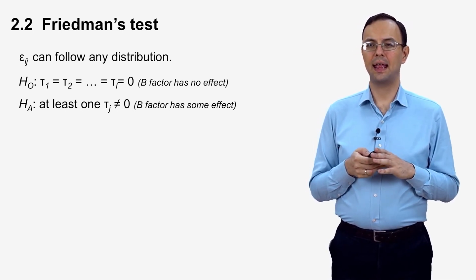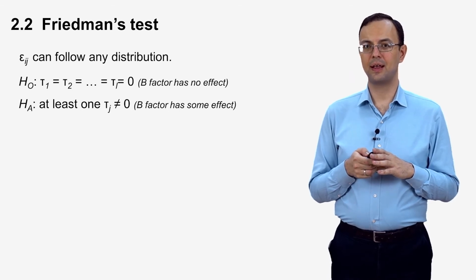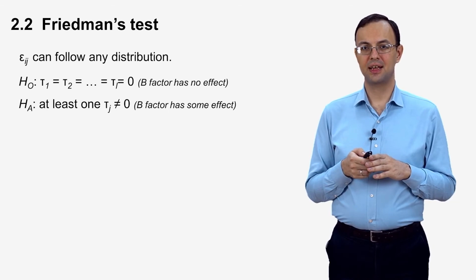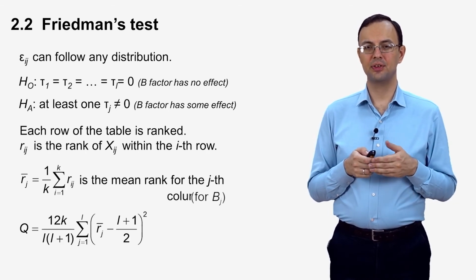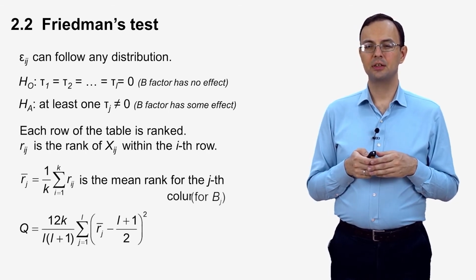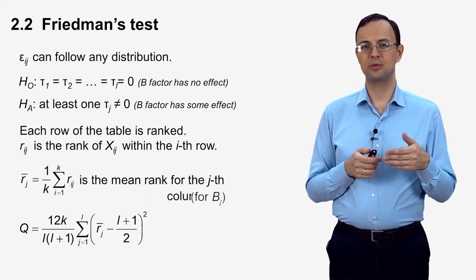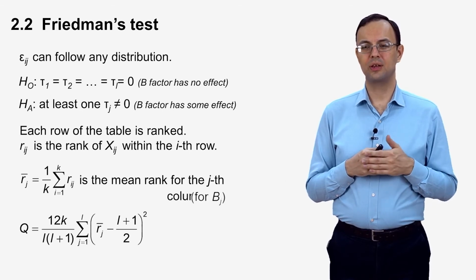So this is also a rank test, one of the rank methods. But here we rank not the united sample, but each row of the table or each column. So it depends on what factor you are going to test.